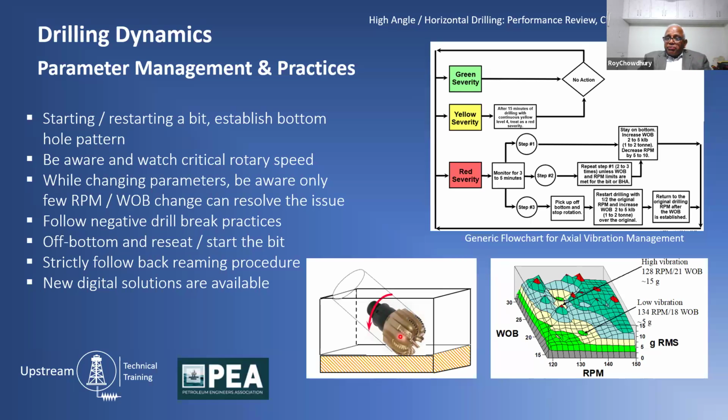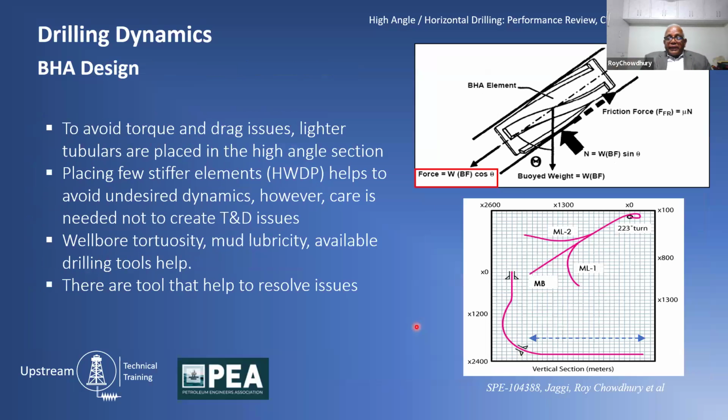So as you come close to the bottom, it is always a good idea to slowly, gradually ease the bit onto the bottom and then go ahead and drill. There are a lot of new digital solutions available to give you more information about what's happening downhole, and that helps a lot these days, and every operating company around the world is using these.